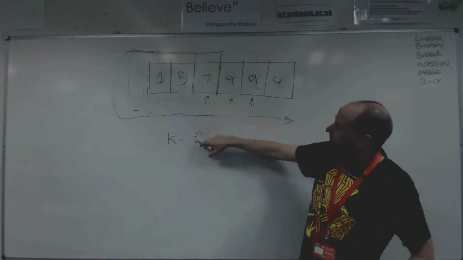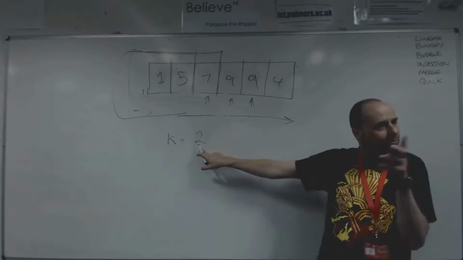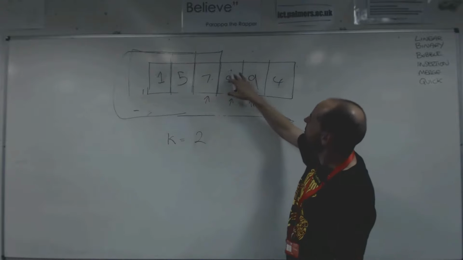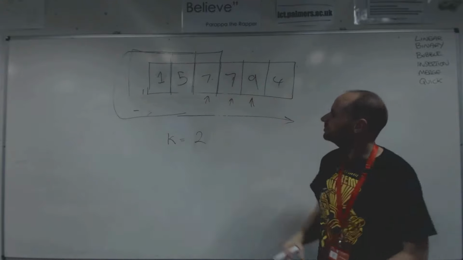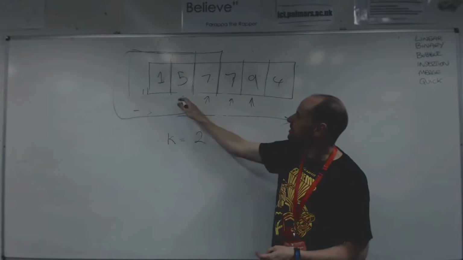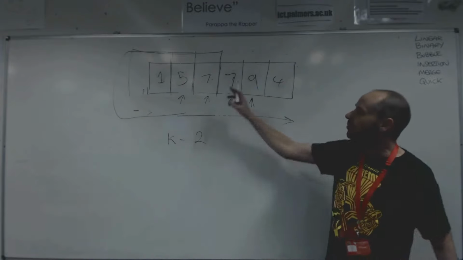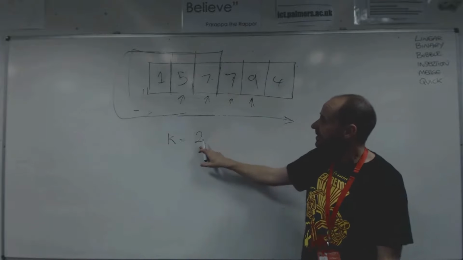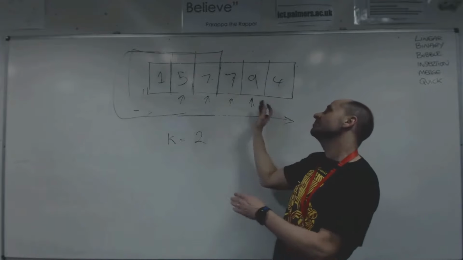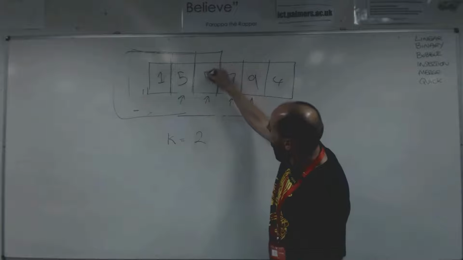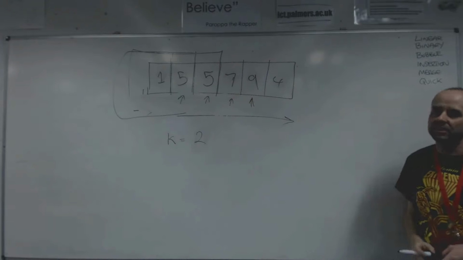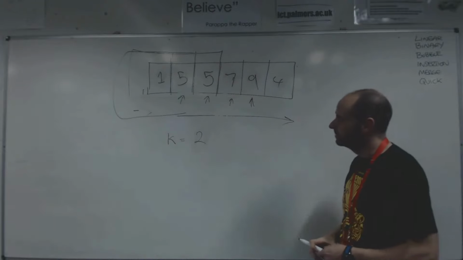Right, so we look at the 7, we say, oh, we're smaller than that, so we should be to the left of that, so let's move the 7 along. And we'll move back through this list to find our insertion point. Compare it with the 5. Okay, oh, it's smaller than that, let's move the 5 along. This is its downside, it's a shuffle that we're doing.